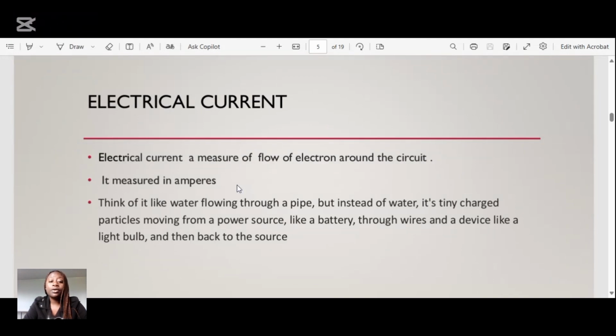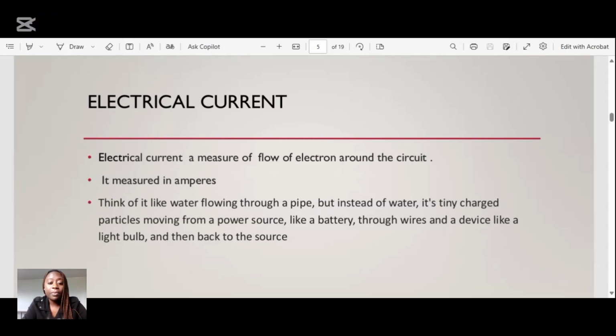So in our everyday life, what we need to understand about electrical current is that it's like water in a pipe. We have water in the bathroom, we have water in the kitchen. In the same way, electrical current flows through a wire.